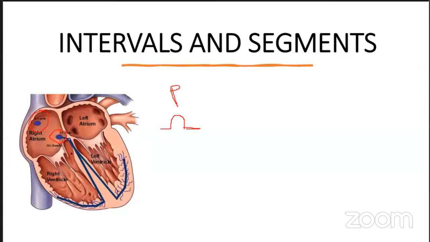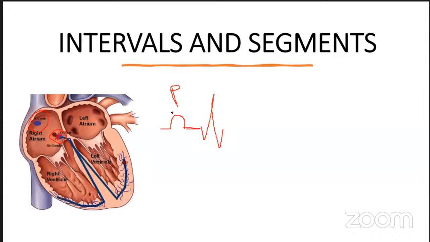And then when the impulse is released from the AV node, it's going to travel down the bundle branches, and then you're going to have your QRS complex.